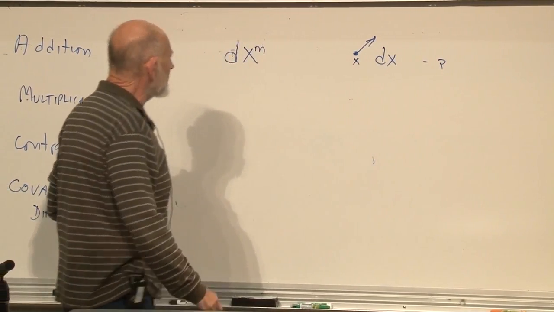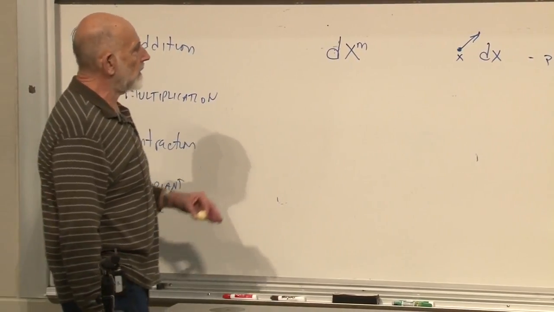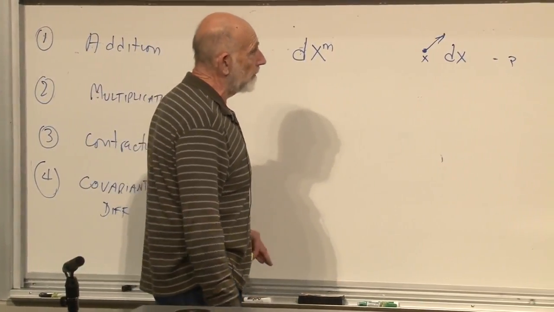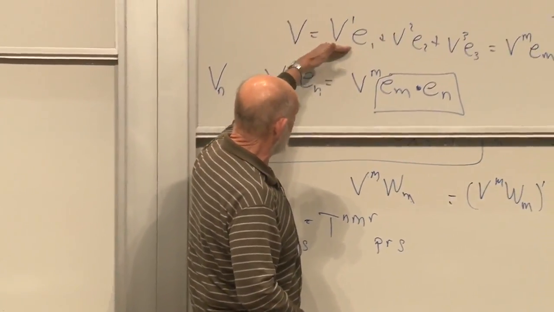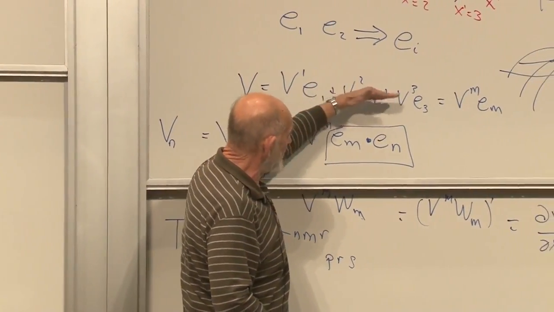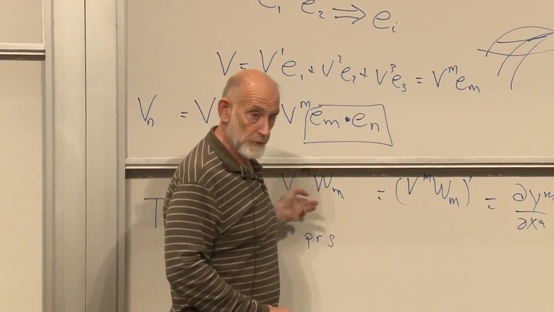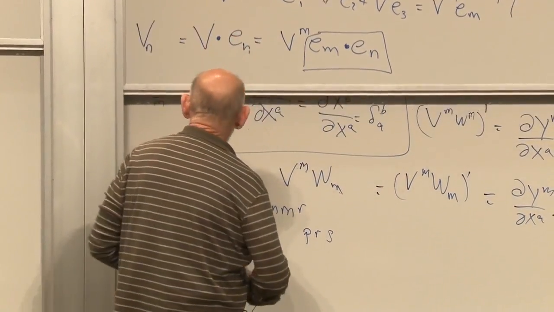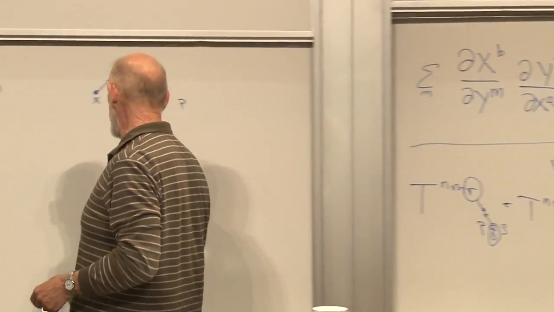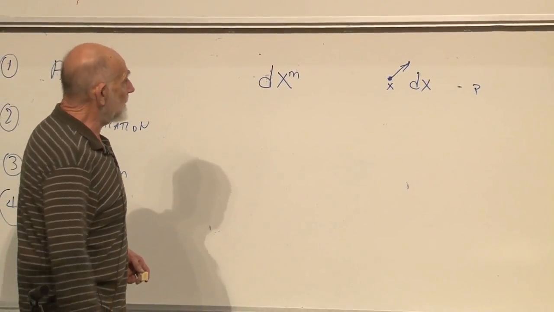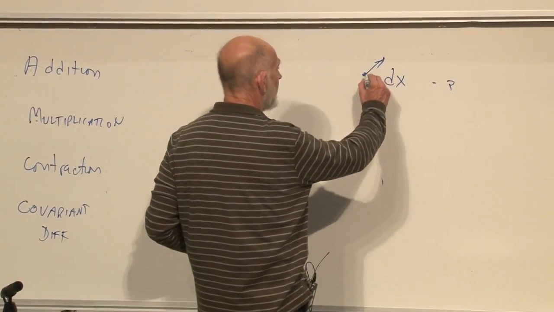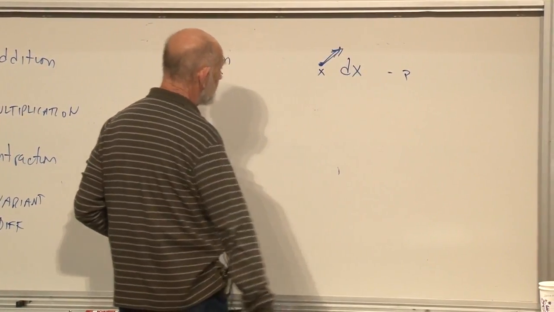It has components, contravariant components dx^m. The contravariant components, if you want to remember what they mean geometrically, are these expansion coefficients in terms of some basis vectors. But it's easier once you get the hang of it just to proceed with the notation. dx^m is the contravariant components of a little displacement vector.